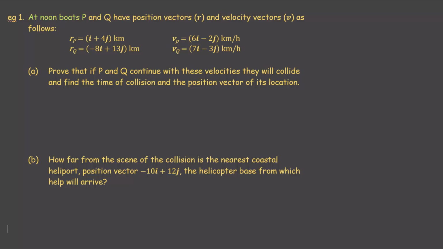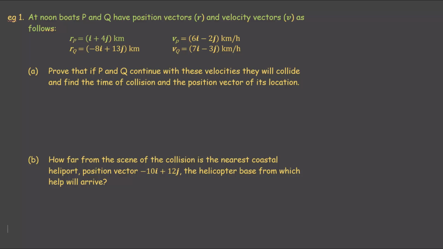At noon, boats P and Q have position vectors r and velocity vectors v as follows. Rp, which is the initial position of boat P, is i plus 4j kilometers.